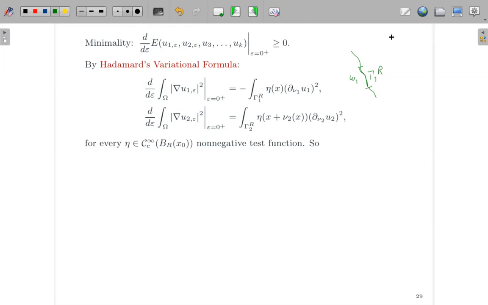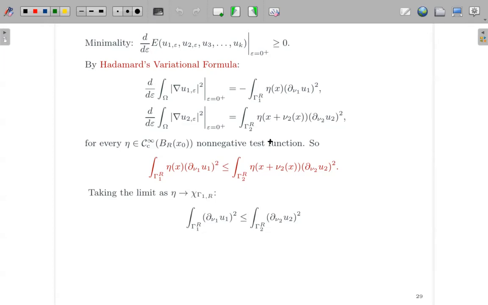On the other side, gamma 2R is just the image using the normal of this piece, and it's the same thing, for any test function. Now I use the minimality, so I have an inequality. This was for all test functions.